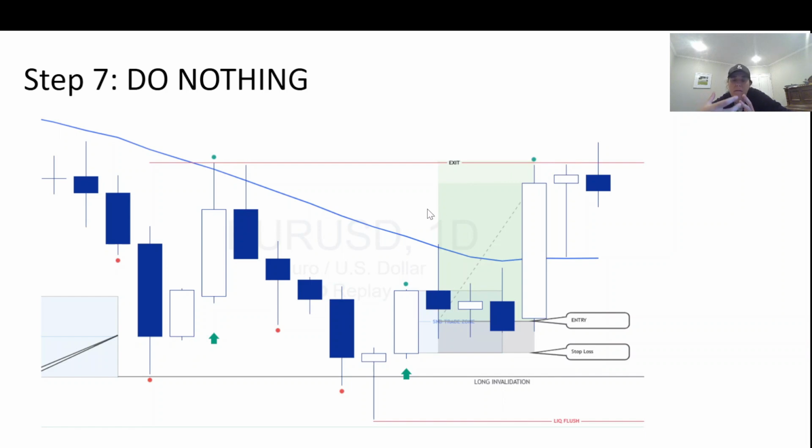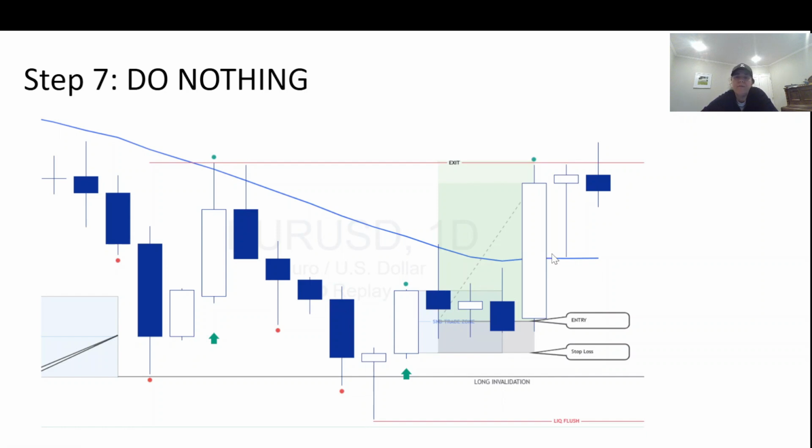So it's really important that you do nothing. Step 7 is do nothing, because you've done all the hard work, you've done the analysis, you've stuck to your guns, trading longs, you've sat with this loss, it's flushed liquidity here, you've turned up again, you found a new trade, now you want to take those profits.